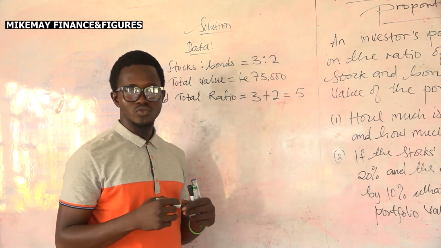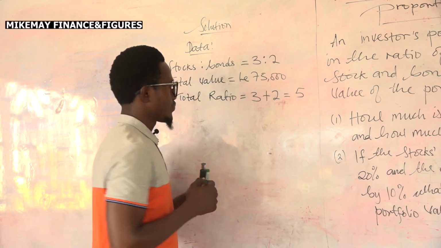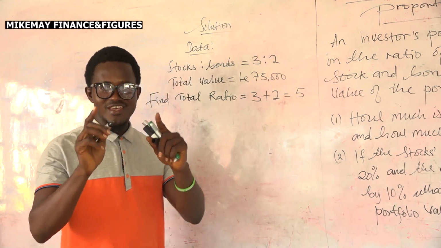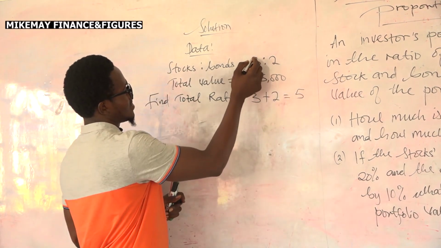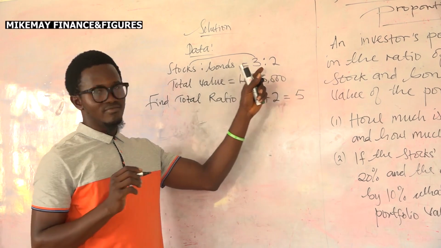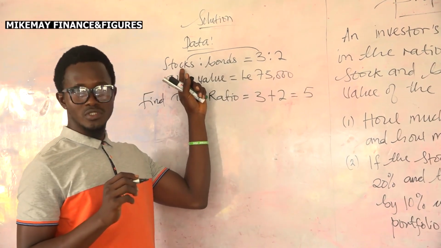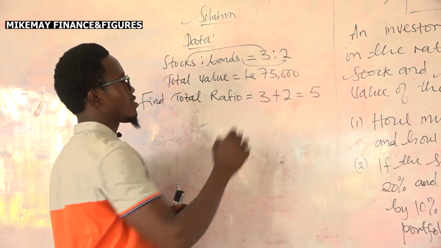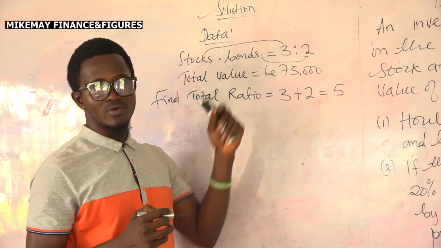So the total ratio is 5. Now, I want you to know that this 3 is for stocks, and this 2 is for bonds, all right?